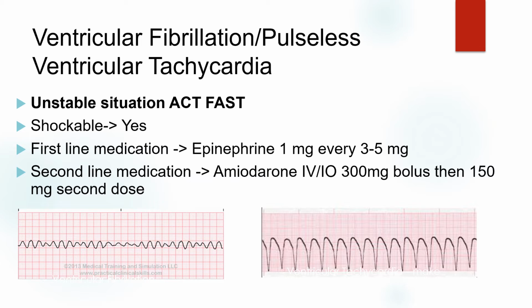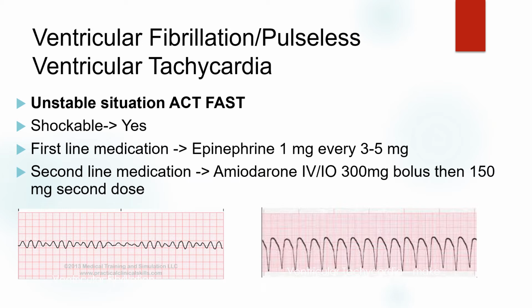Second line medication is amiodarone IV, and this is the bottom right is VFib, and the bottom left is pulseless ventricular tachycardia. How do we know it's pulseless? Well, we take their pulse. You cannot tell someone's pulse by a monitor.